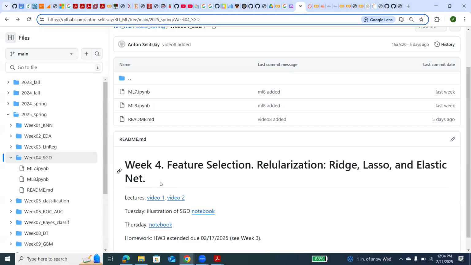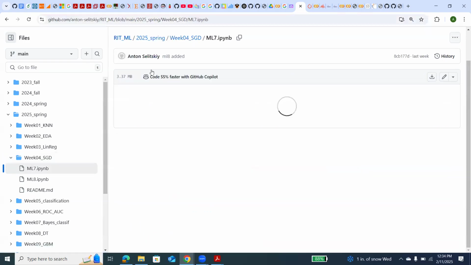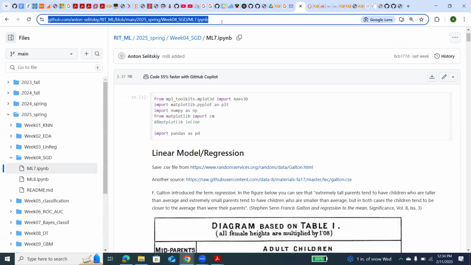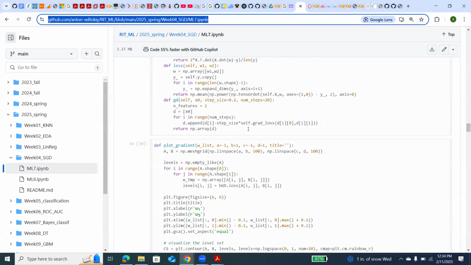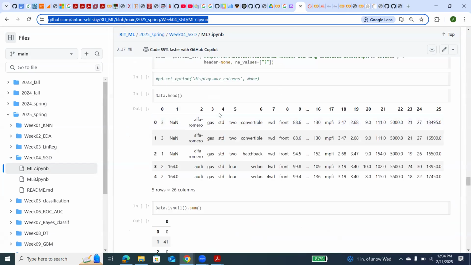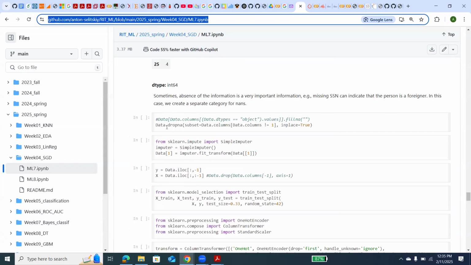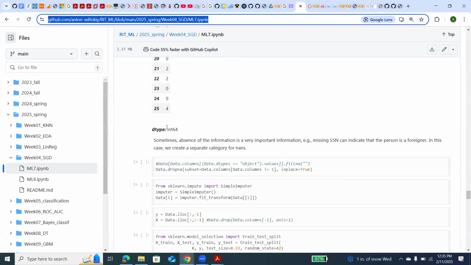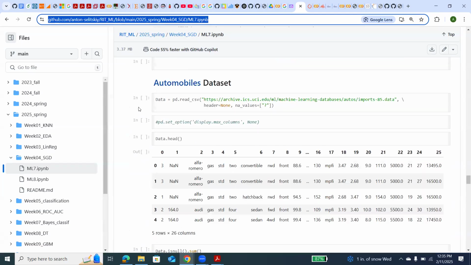First, I want to show you that in last week's notebook with gradient descent, there is a second part with the data set from your current homework, and you can use code from here for data preparation, like one hot encoder and removing missing values.